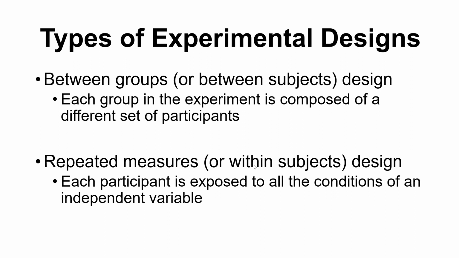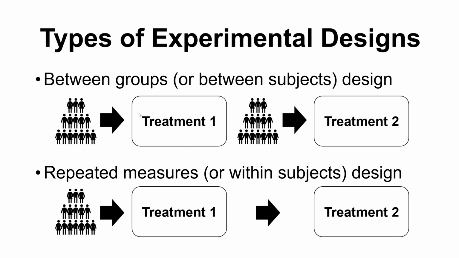Now, to take a step back, for terminology, the experiments that we've been talking about so far have mainly all fallen under this idea of a between groups or between subjects experiment. And what that means is that we are comparing differences between different groups. So if I, again, hop between slides a little bit, for those between groups, we have group 1, our experimental group, and they receive treatment 1, exposure to, if we go with our drug example, they receive that drug.